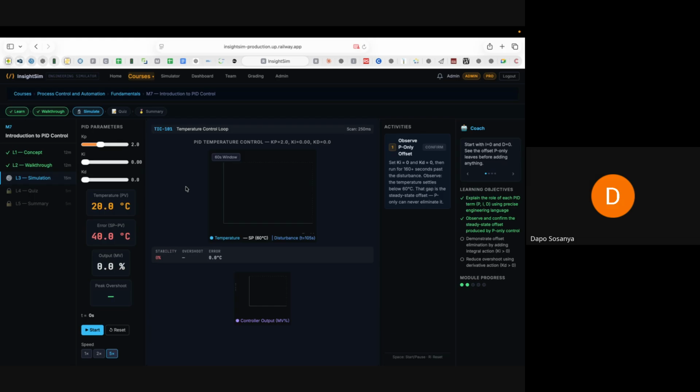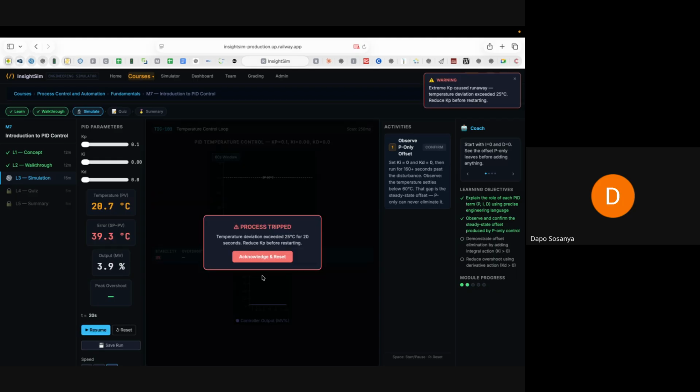Let's start with, let's shut everything down, right? And then if I click start, you can see this is the process parameter. So in this process, the condition is that if the temperature deviation exceeds 25 degrees for 20 seconds, the process should trip.